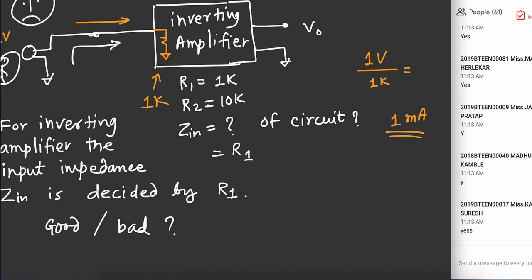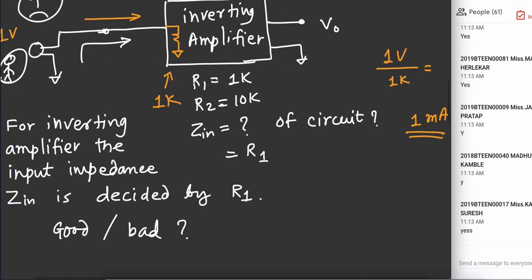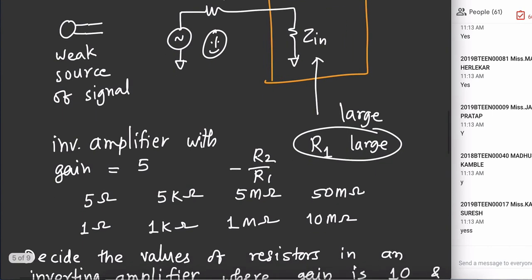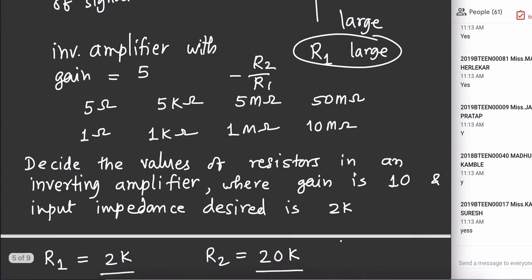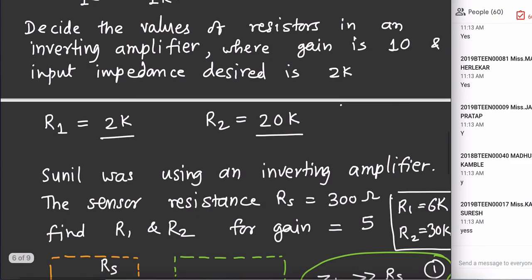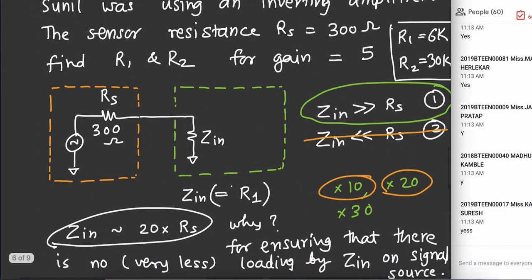Now why is this calculation useful? Because we have to connect the signal source and the signal source should be happy, and for that we are now able to decide whether 5k 1k, 5k 5 meg, like that, we are able to choose the resistor pair properly.